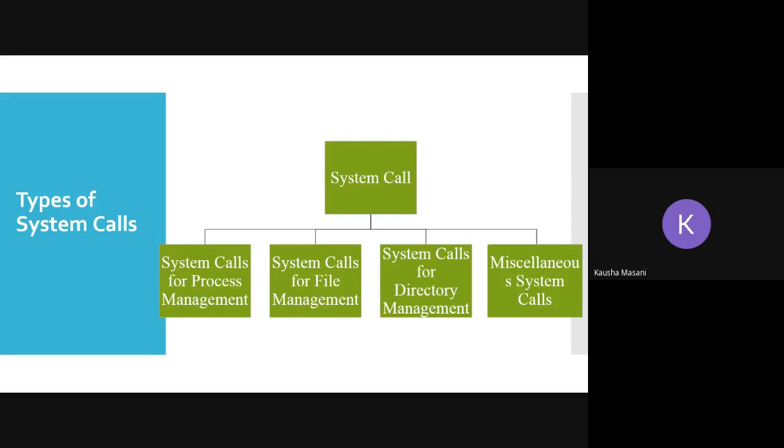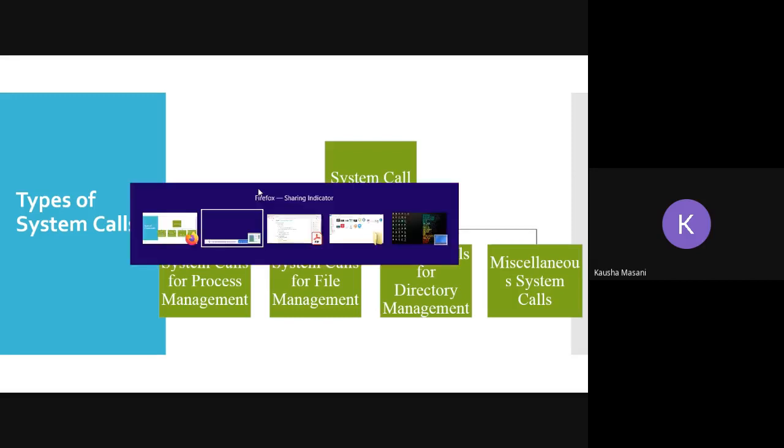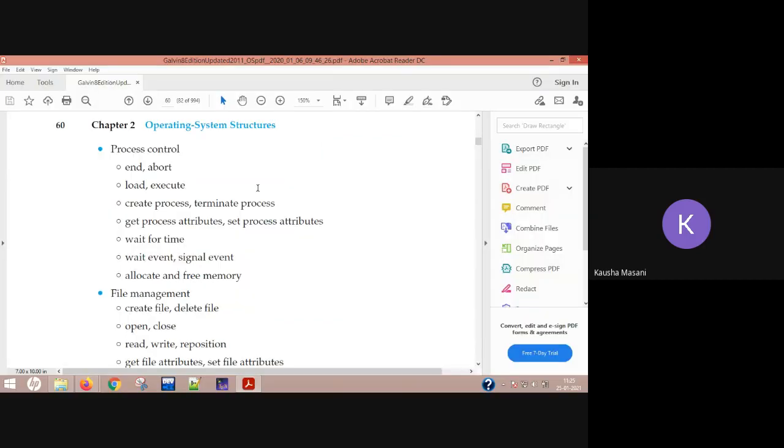System calls for directory management, handling the operations on your directories, and some miscellaneous system calls. If you want to understand it in simple words, the system calls on your process control.